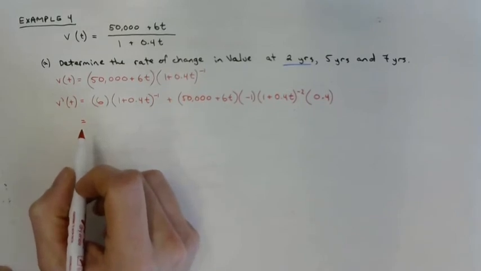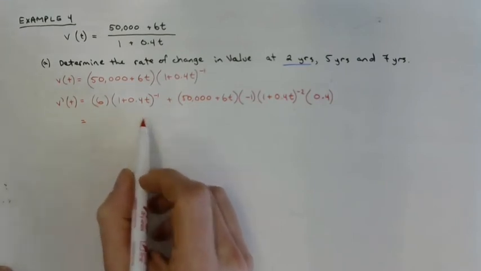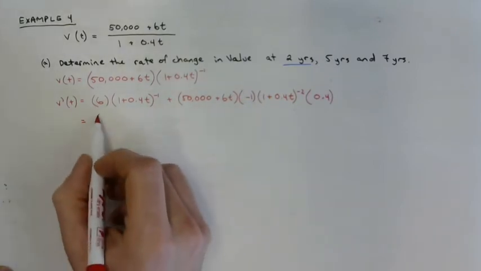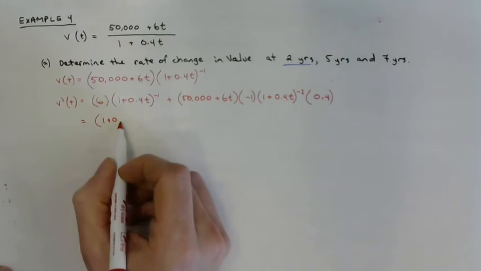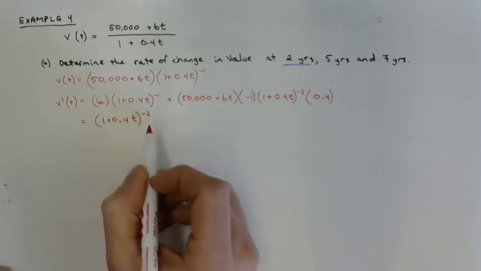From here, we are going to simplify by pulling out our common factor. There's no numerical common factor really, but just this piece, 1 plus 0.4t to the power of negative 2.